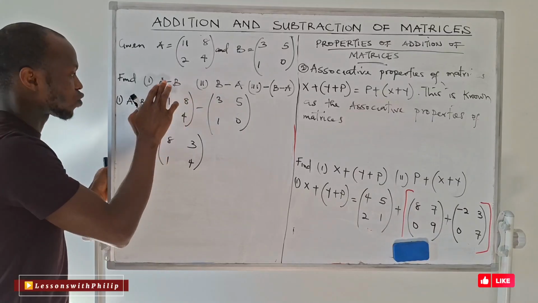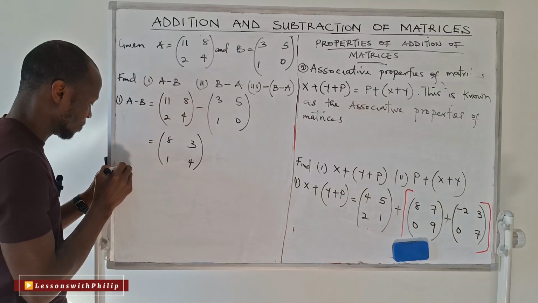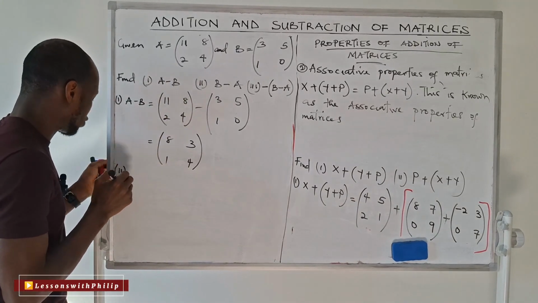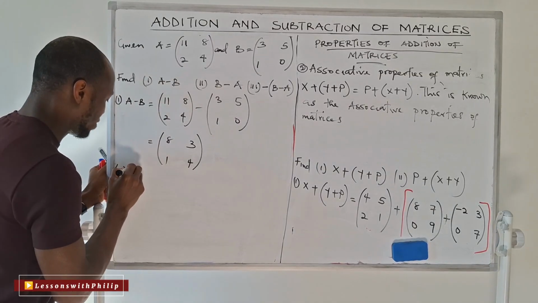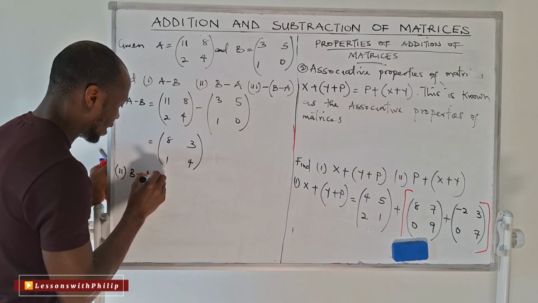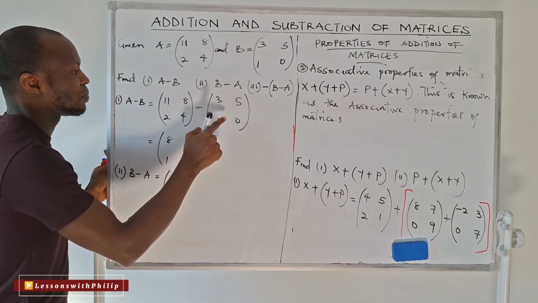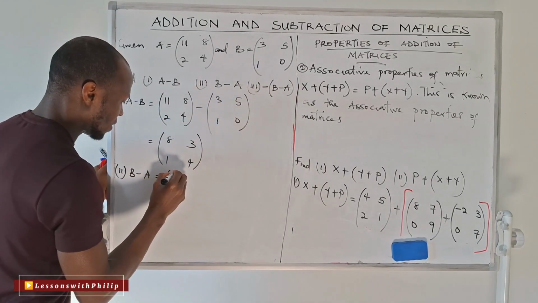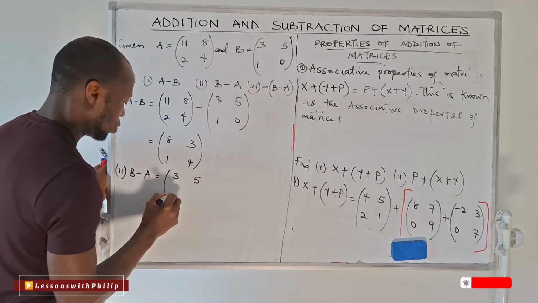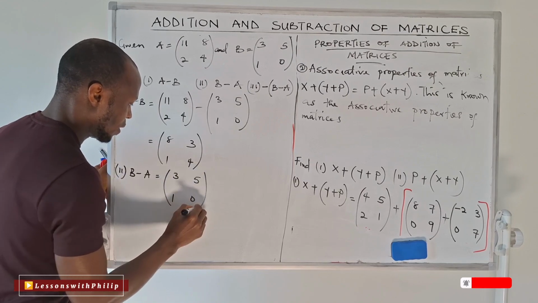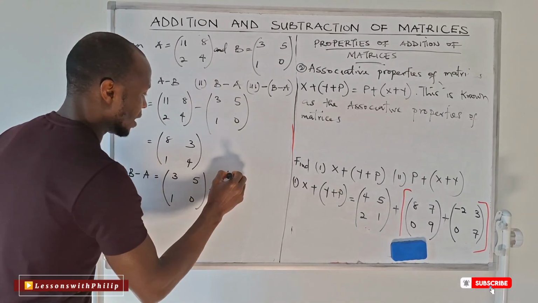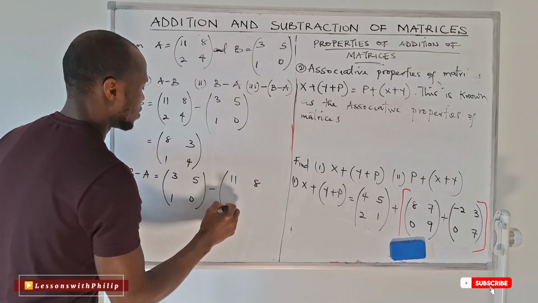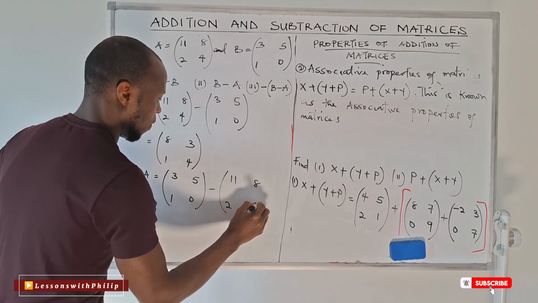Now we'll go to the second question. The second question told us to do what? The second question told us to find matrix B minus matrix A. And what is your matrix B? Your matrix B is 3, 5, 1, 0. Minus your matrix A, which is what? My matrix A is 11, 8, 2, and 4.